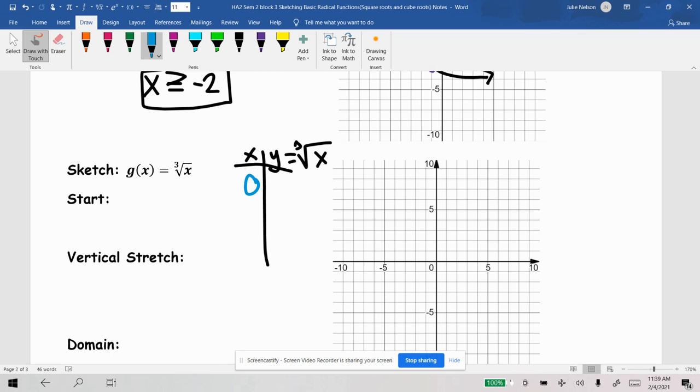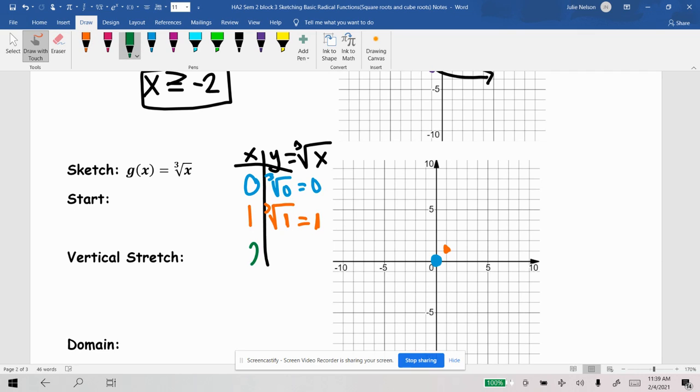And when I have the cube root of 0, what 3 numbers that are exactly the same multiply to 0? I get 0. And I can plug in a 1 because I can take the cube root of 1. I'm trying to plug in numbers that I can take cube roots of easily. Cube root of 1 is 1, so I will point out (1, 1).